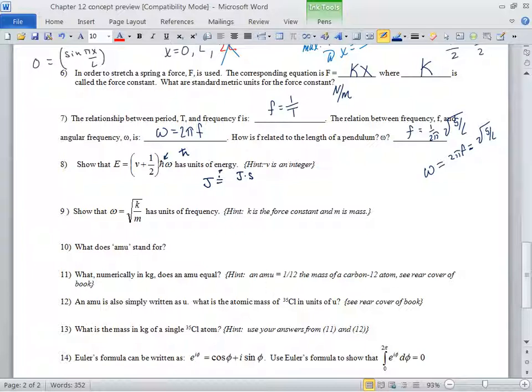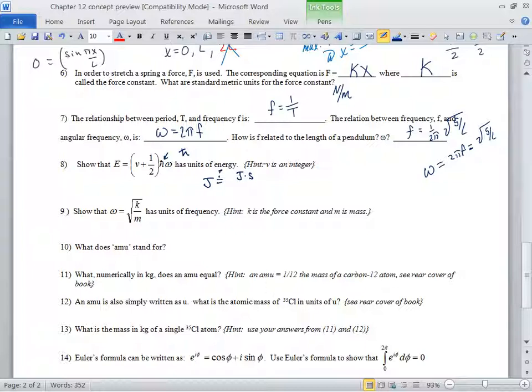This is where things get kind of confusing to me, is how units can just disappear on you. Whenever you use omega, they like to say radians per second. I think the book or the article says radians per second because they want you to realize they're talking about revolutionary motion, the circular type of repetitive motion, and that you're in radians, not degrees.